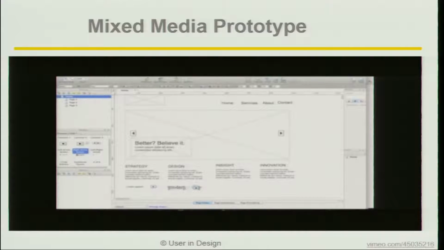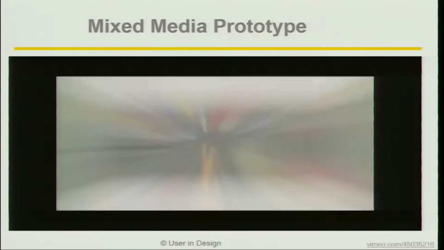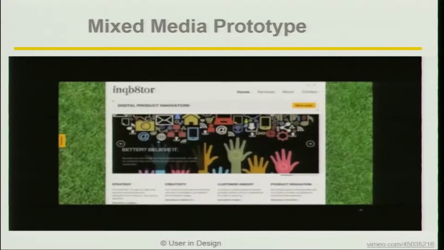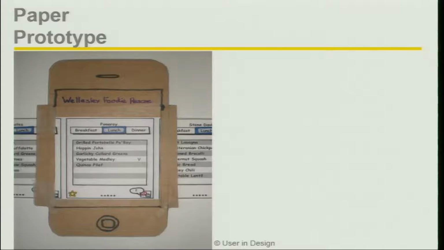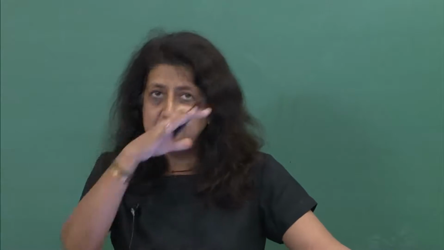So you can see how the next version of the prototype is looking now, and it's all based on that initial paper version. Right. So that was an example of taking paper prototypes and then adding inputs from a different media to embellish that prototype and make it more real.